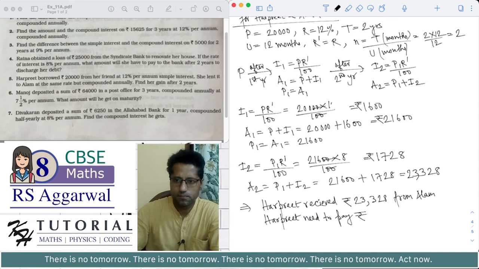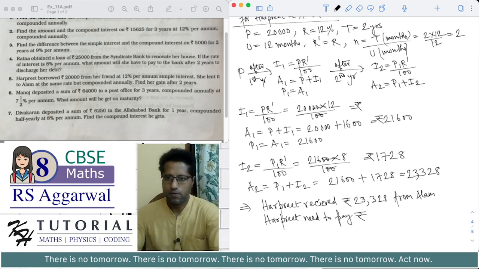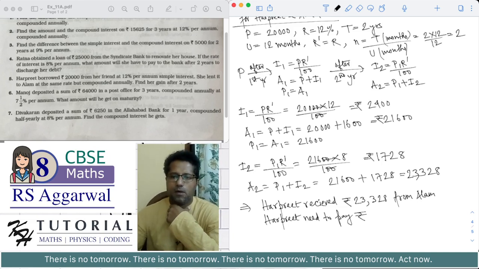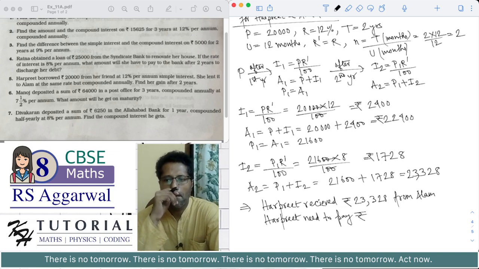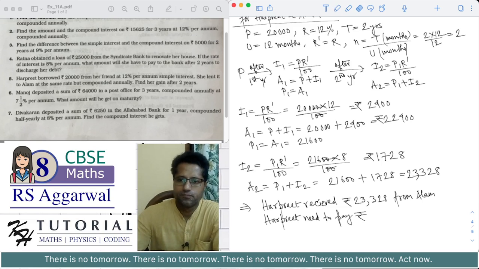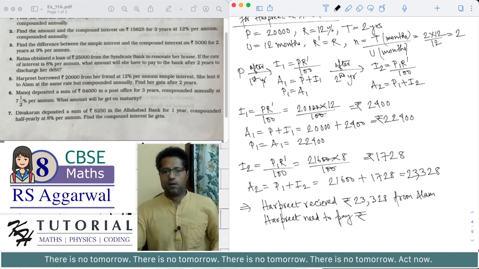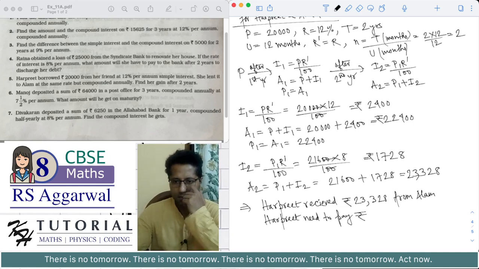Okay. So this is 12. The interest at the end of the first unit of time will be 2400, and the amount will be 22,400. I2 is P1 R dash by 100.